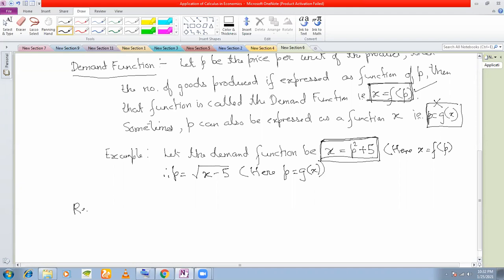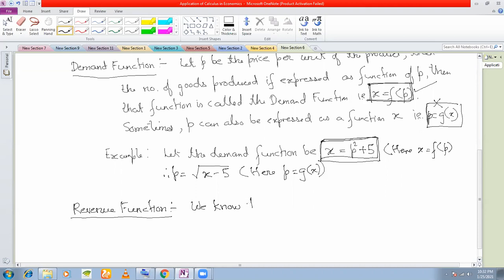Next definition that we come to is called the revenue function. Now, what do you mean by revenue of a company?